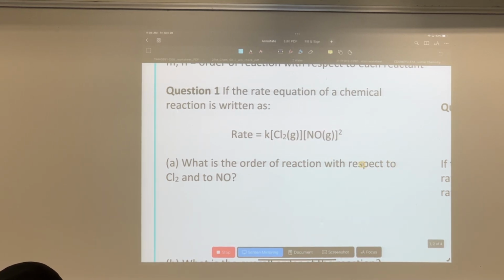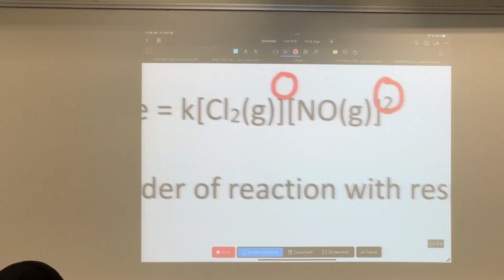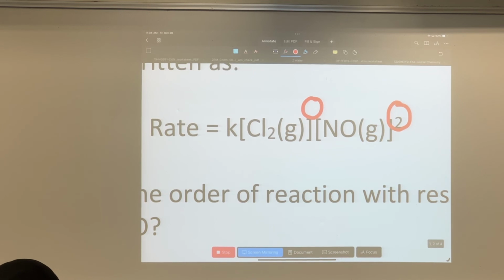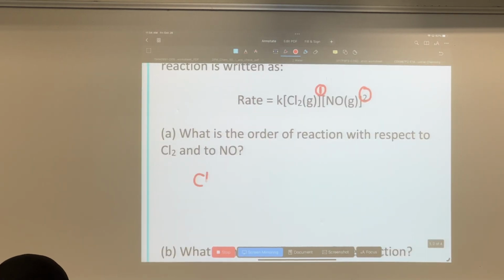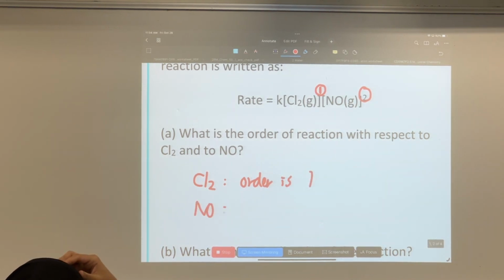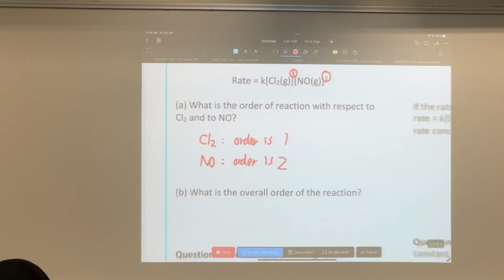We say with respect to because each of the reactants will have a power. What is the power you see for Cl2? Zero? If it is 0, you will not see it. It is actually 1. So can you put down Cl2, the order is 1. For NO, the order is 2. Don't say 0, because if it was 0, the whole term would disappear.